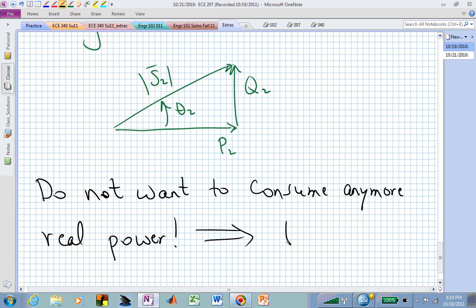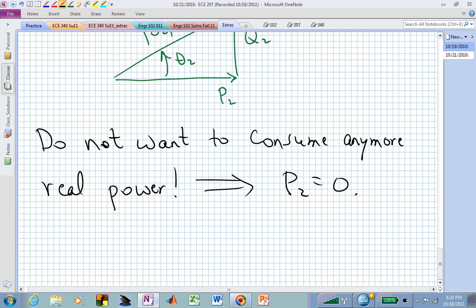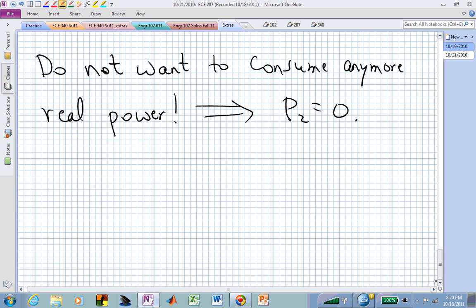What that means is we actually want P sub 2 to remain equal to 0. And the way that I've sketched that power triangle is maybe misleading. We actually want Q sub 2 to be negative because we want to take away from Q sub 1 and make the reactive piece of the overall combination of load 1 and load 2 smaller.